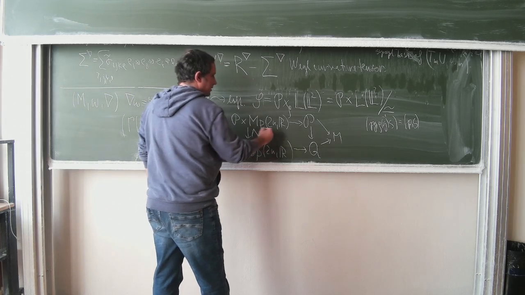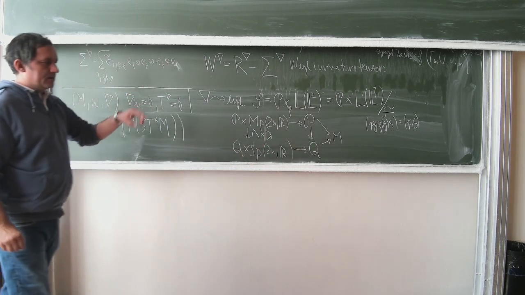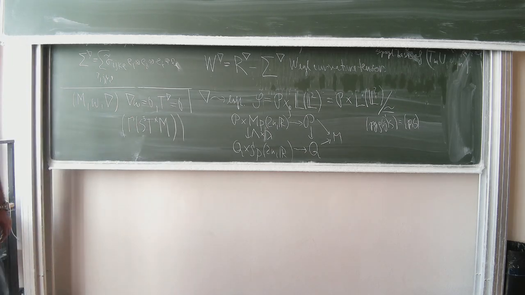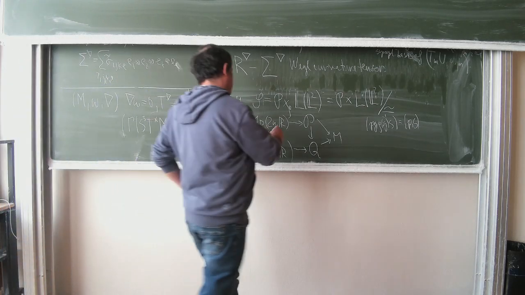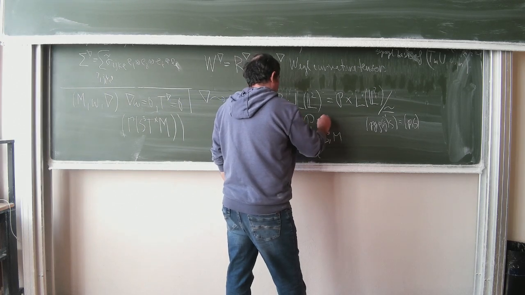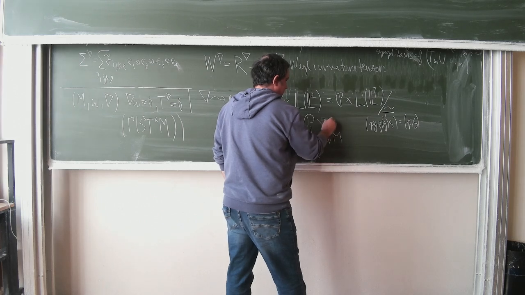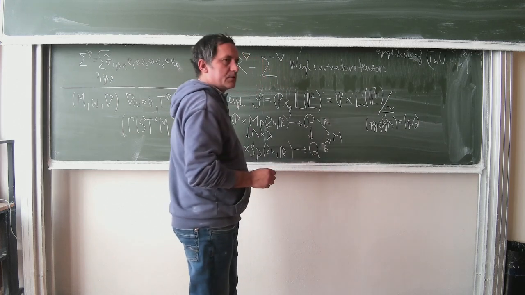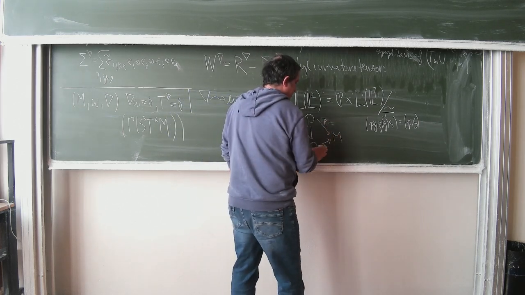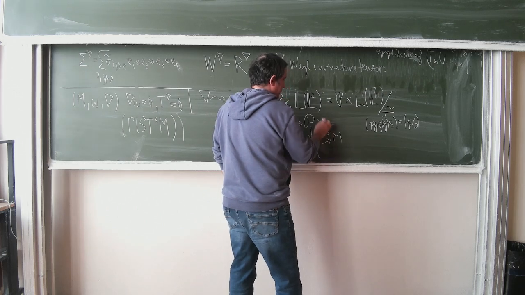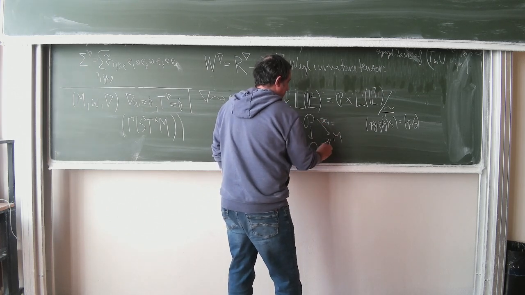This is lambda, the covering of the groups. Here are projections, P1, P2.